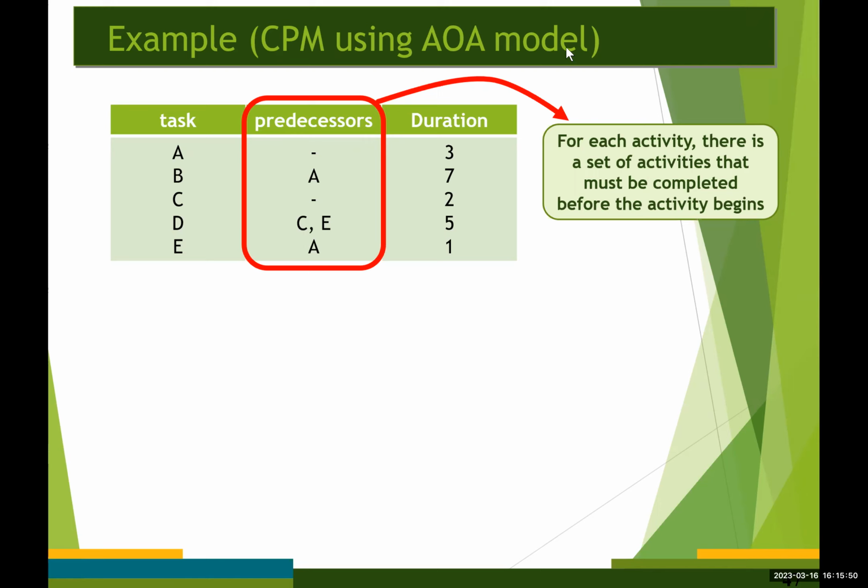Okay, the project network is used to represent the precedence relationships between the activities or the tasks.